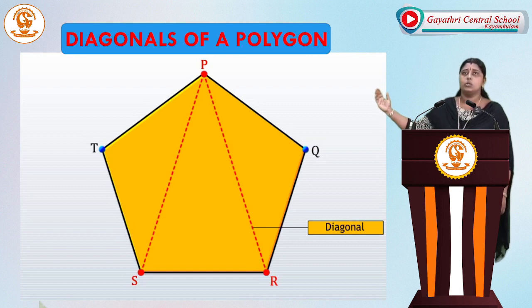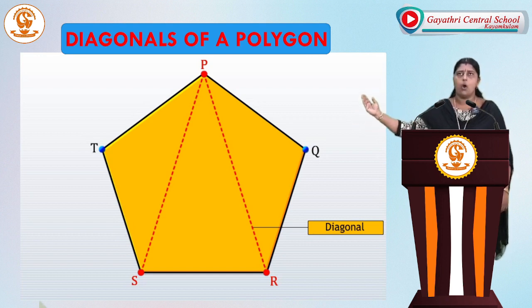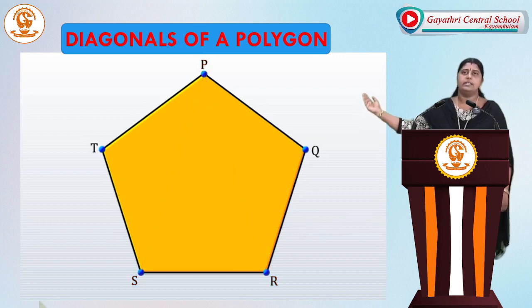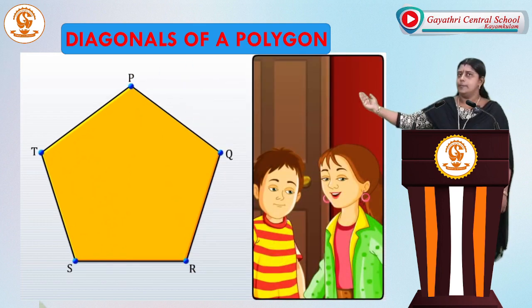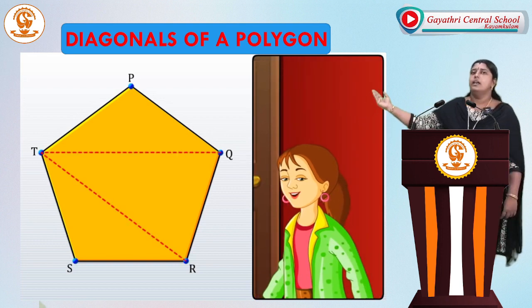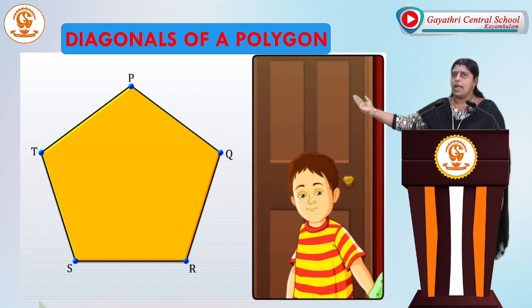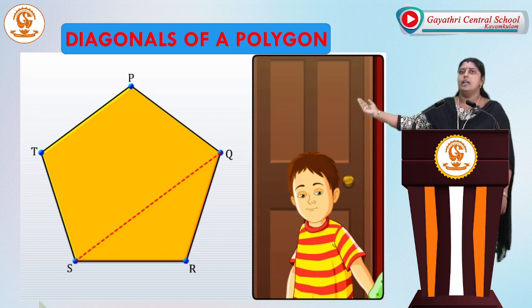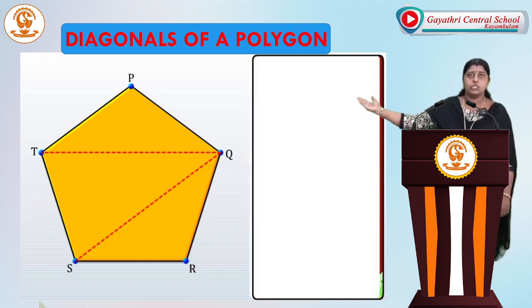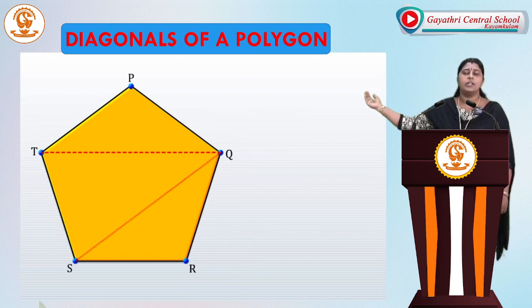Again, we can draw line segments in this polygon from the vertex T or Q. From the vertex T we can draw the diagonals TQ and TR, and again from Q, QT and QS.